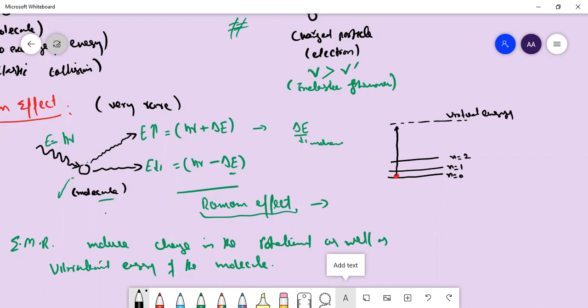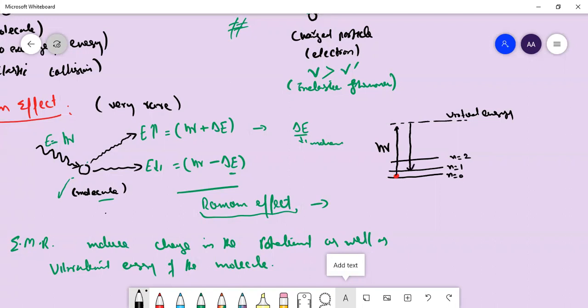By absorbing this much energy, the molecule will undergo transition to any higher energy level. But after getting a certain amount of energy, and after being in this energy level for a while, I can represent the energy here as h mu, this molecule will again come back to lower energy levels.